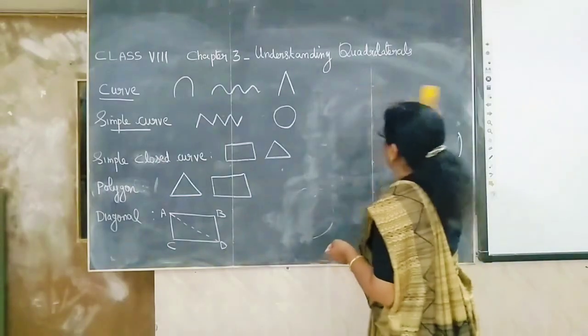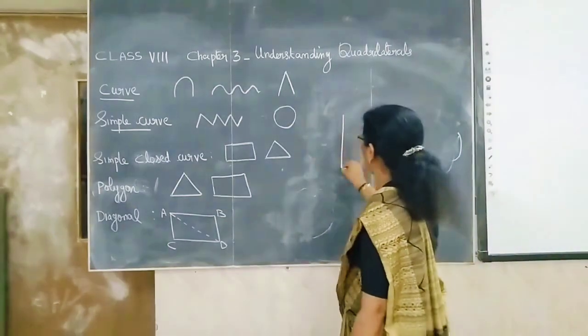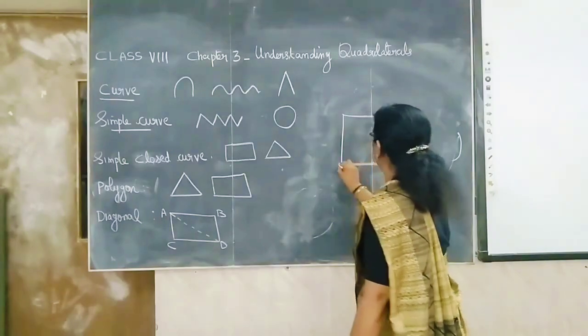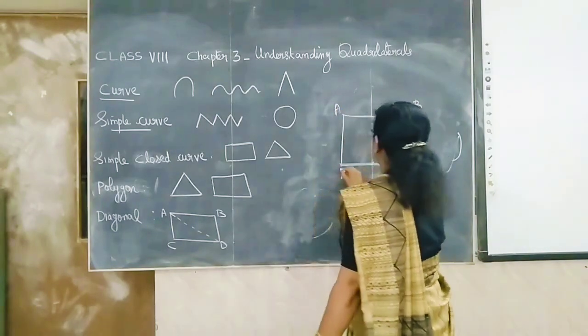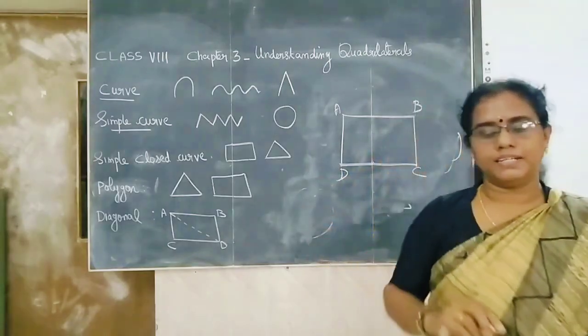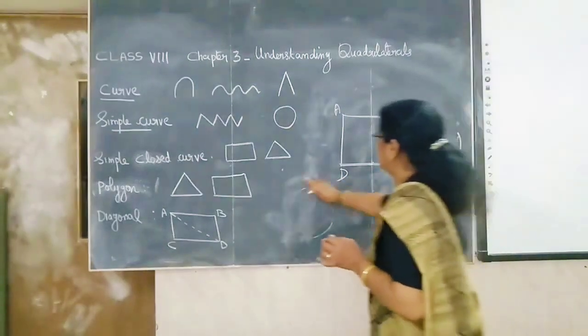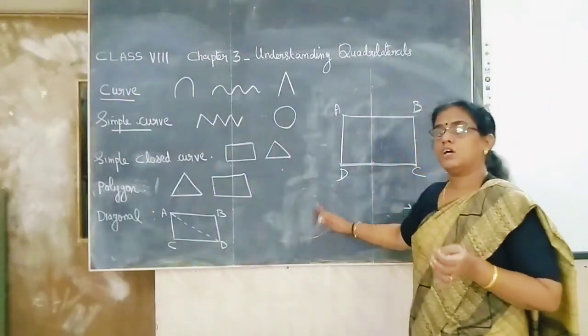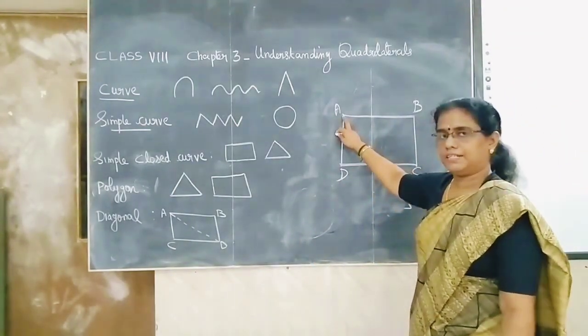Now, here we are discussing diagonals. So here I have drawn one rectangle, rectangle ABCD, and here the vertices. Vertices means corner points. A is the first vertex.